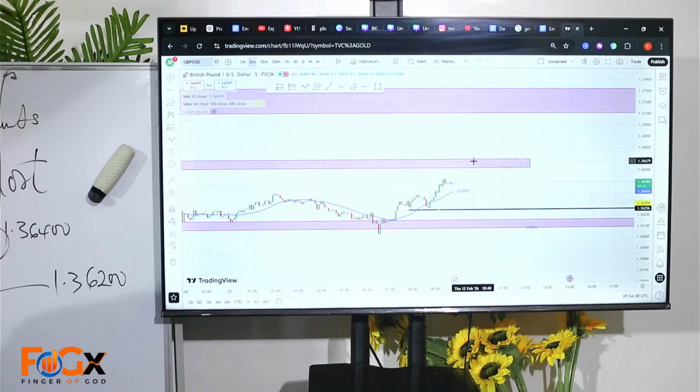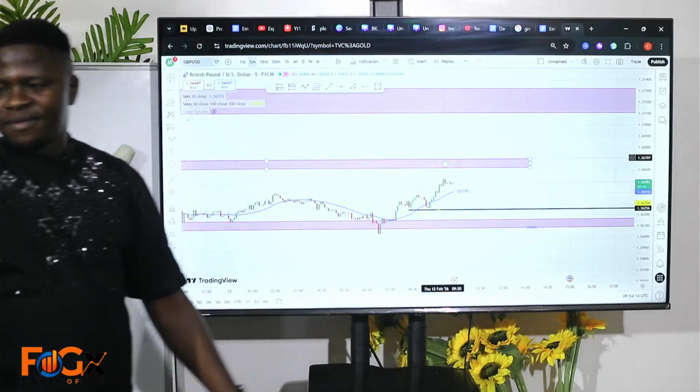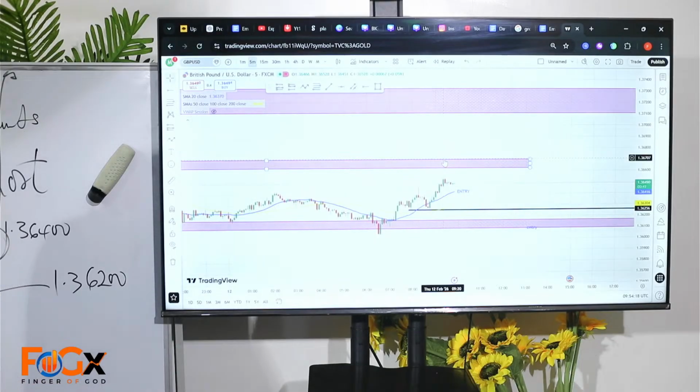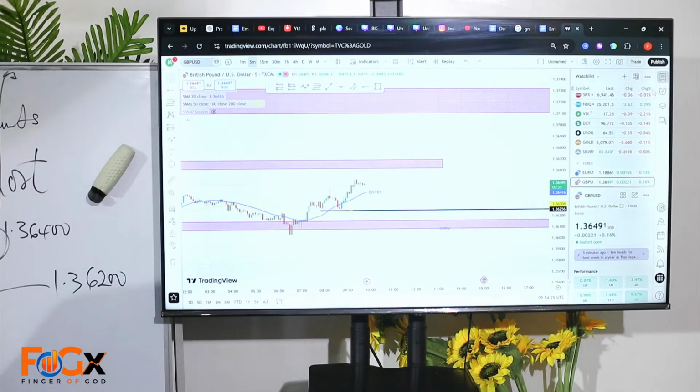Then the second one, 1.371. TP1 here, somewhere here, that's 1.366.